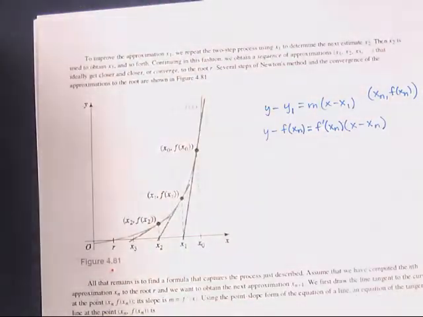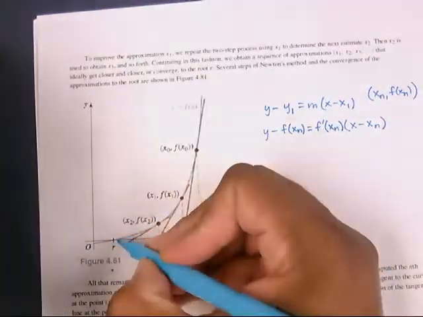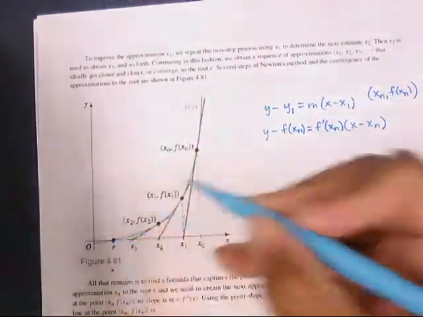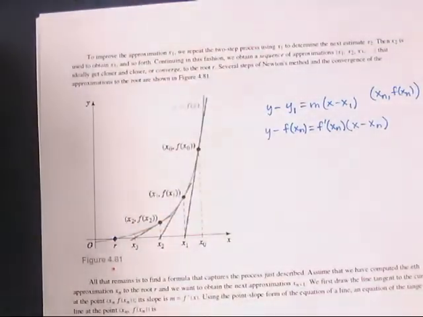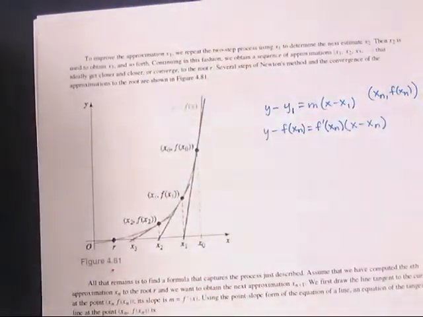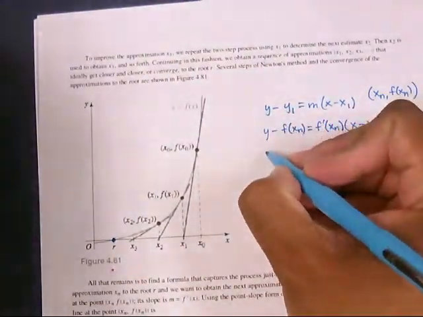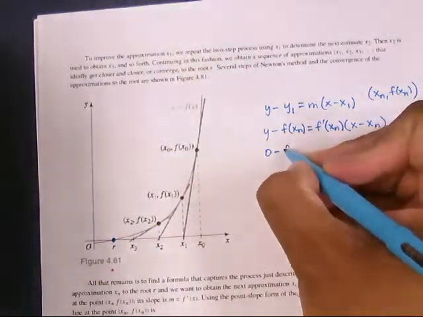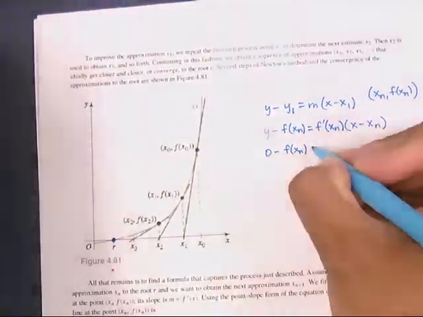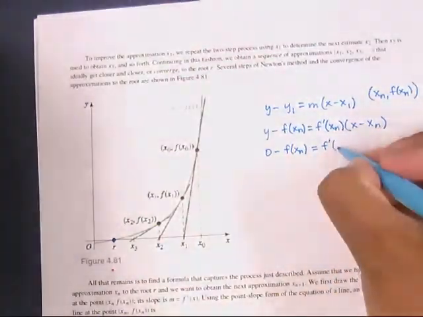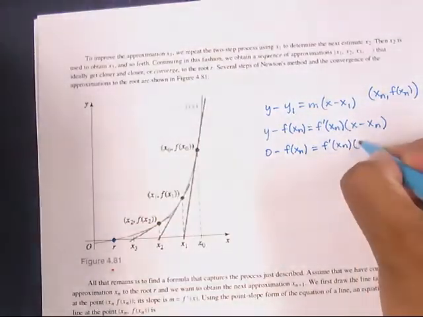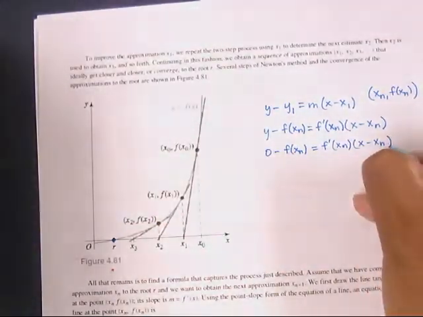Okay? Now, in this case here, we're trying to find out what r is. Here, the y value is 0. That's your x-intercept. So here, this y is going to be 0 minus f of x of n, and that's equal to f prime of x of n times x minus x of n.